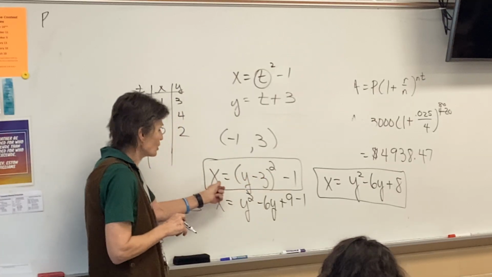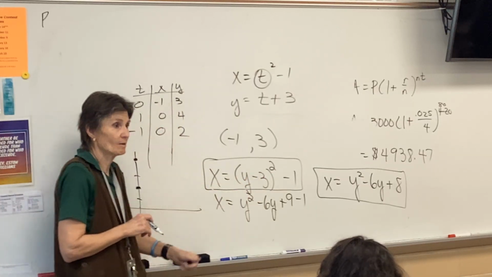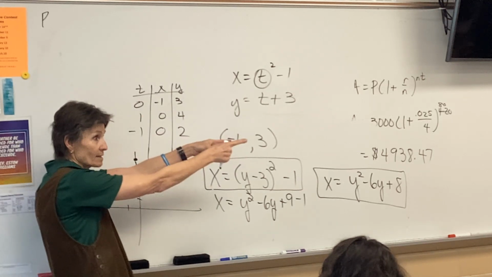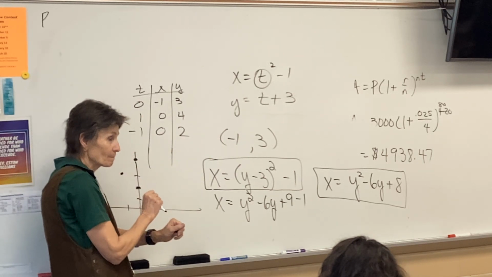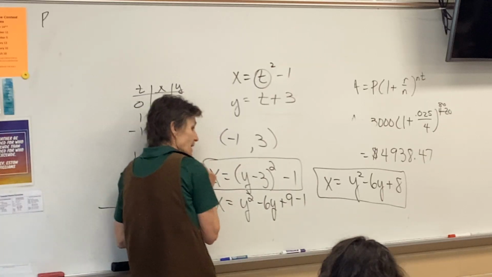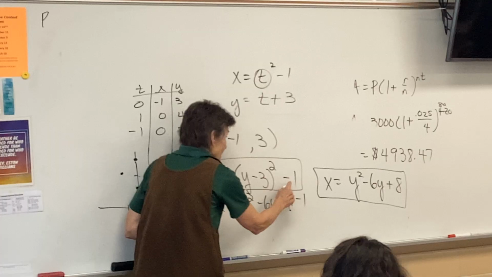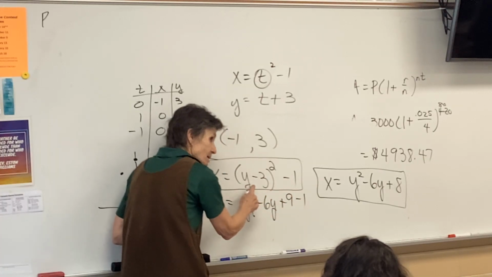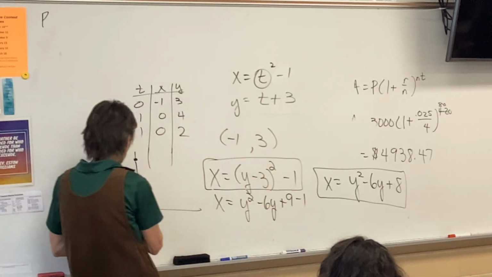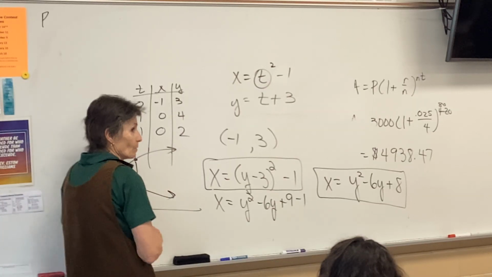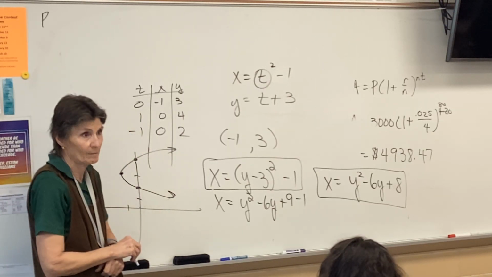Well, when you switch it and put the x here and the y here, it's still a parabola, but now it opens to the right. And the vertex is exactly where you would expect it. The vertex is at negative 1, 3. So negative 1, 3, opens to the right. So there's a picture.